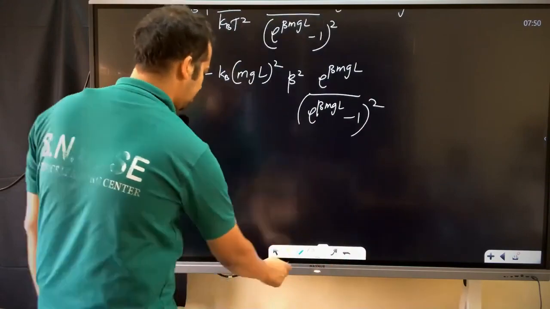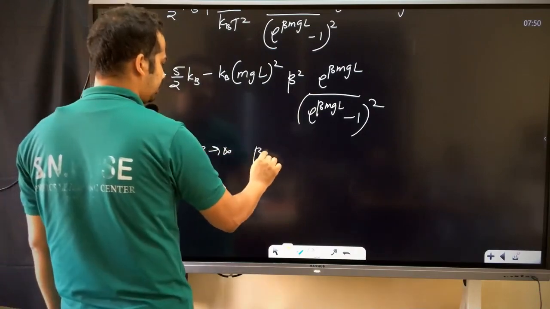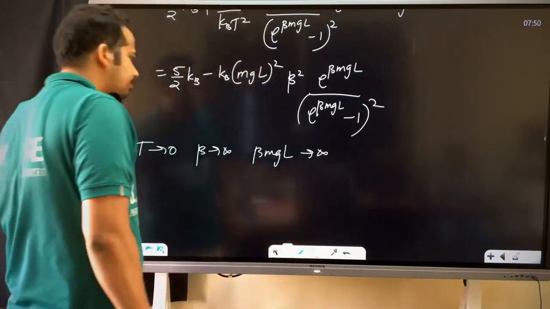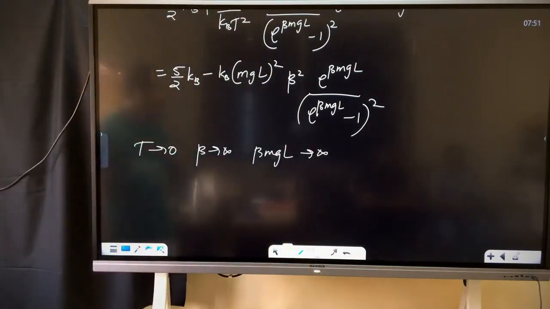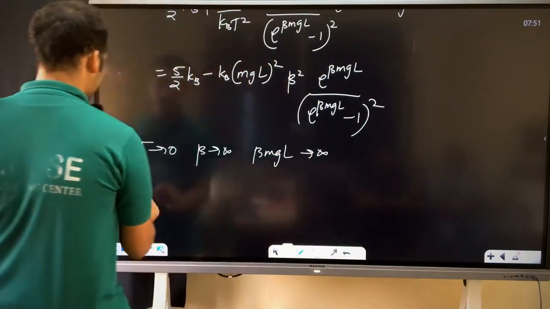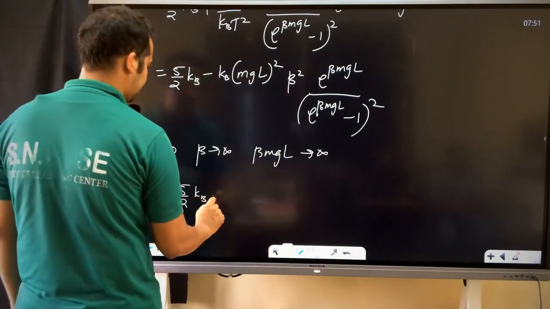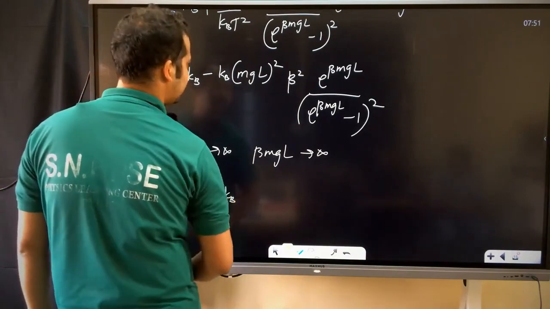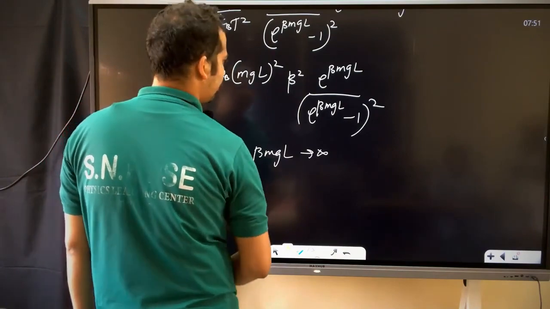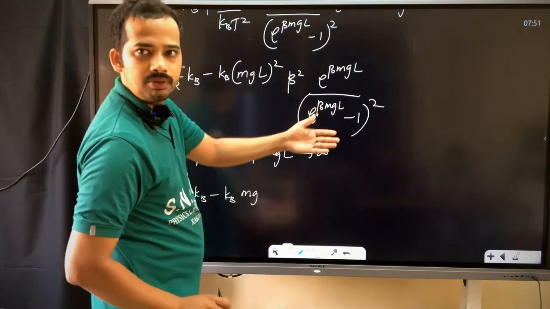Now, as temperature tends to 0, beta tends to infinity, or beta mgL tends to infinity. If it is like that, you can neglect this minus 1. Then this CV is nearly equal to 5 by 2 kB minus kB times this, almost 0. The denominator has power 2 actually.